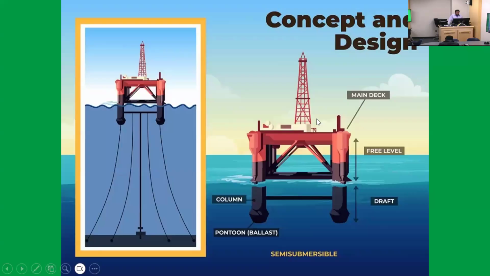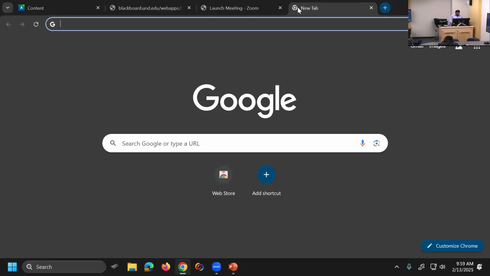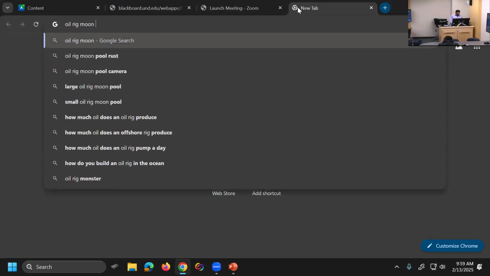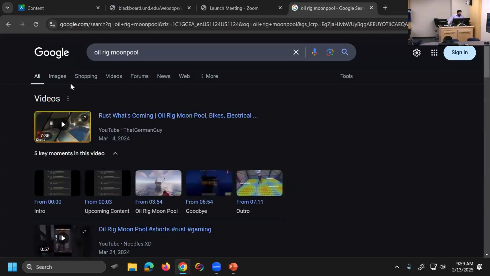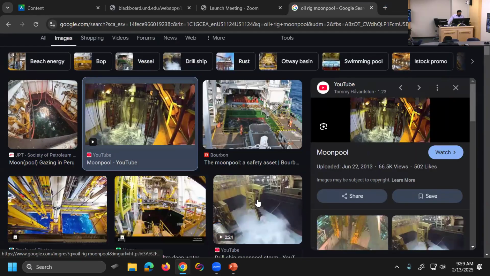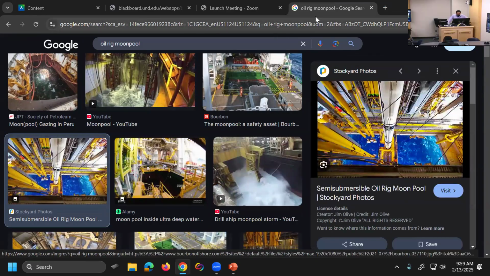You know, on a rig, I don't think I have a picture. You know the opening on the rig where you see the seawater at the bottom, in the middle of the rig? You know what this is called by any chance? Moon pool. I should have had a picture of that. The opening is called the moon pool.